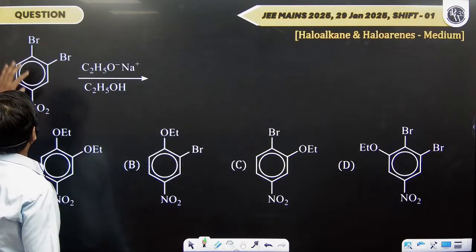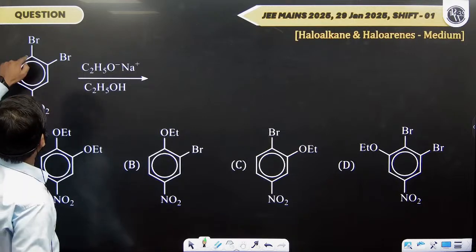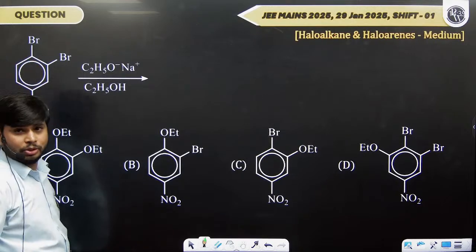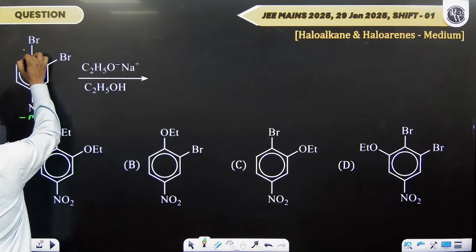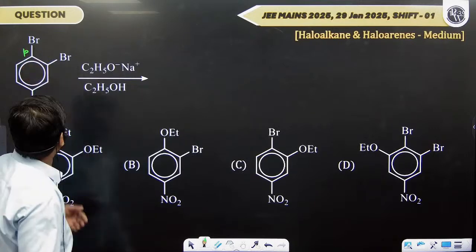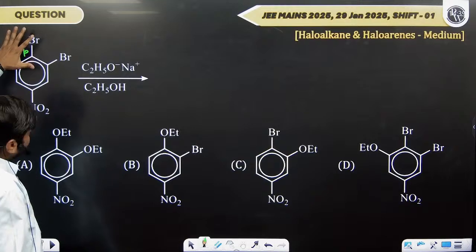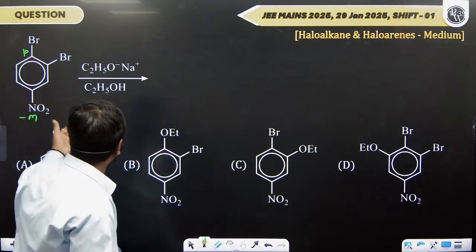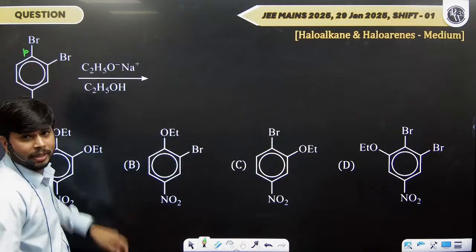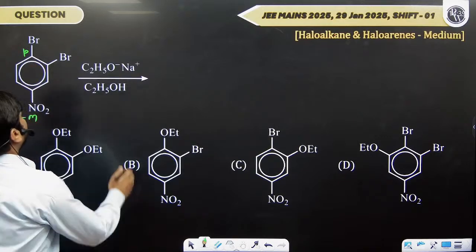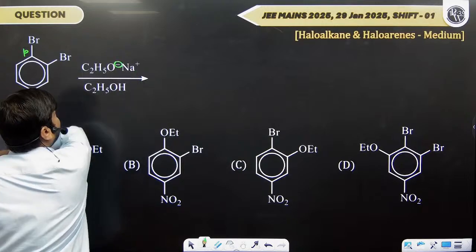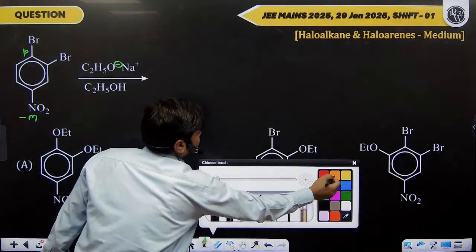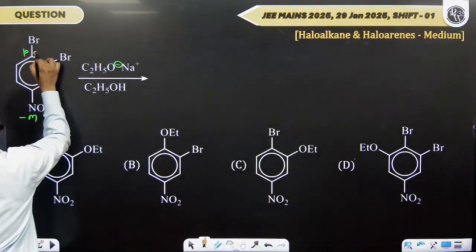Here the bromine is present at the para position to the nitro group, or with respect to the bromine, the nitro group is on the para position. So the effect of the nitro group will be on the para position, and the substitution reaction will be taking place here.